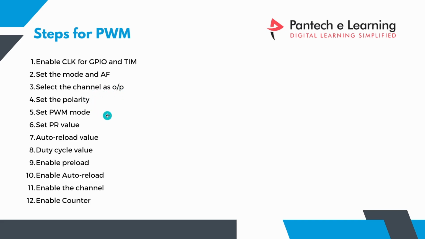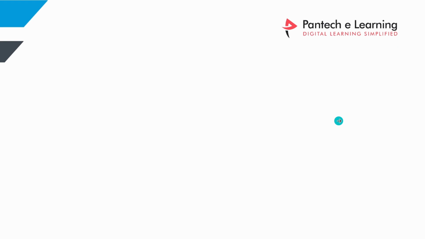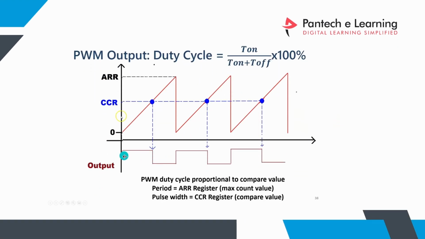Then we have to set the polarity. So what is the polarity? By polarity we can say what the initial state of the pin is. If I give the polarity as 1, it is going to start in the logic 1 state, and it is going to turn off as per the CCR value.